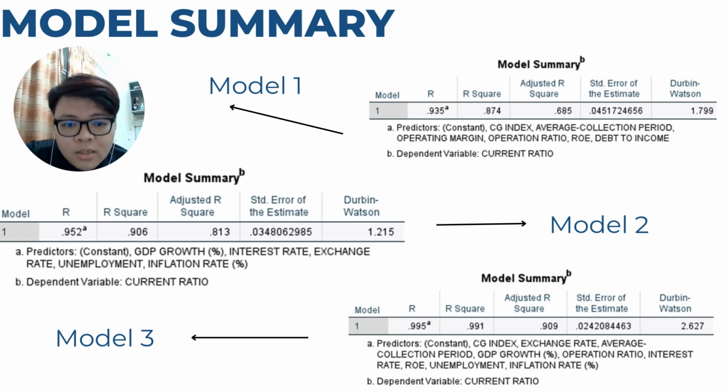Based on the Model 2 table, for the external factors, the liquidity risk or current ratio of ADCB was influenced by each of the 5 variables with an R-square of 0.906, or 91%. For the internal and external factors, with an adjusted R-square of 0.99 or 99%, this study demonstrates that only 9 of the 12 factors affected the liquidity risk or current ratio of ADCB based on the Model 3 table.